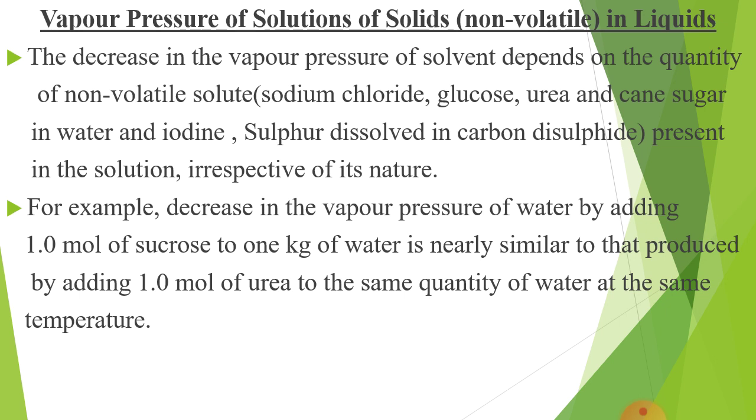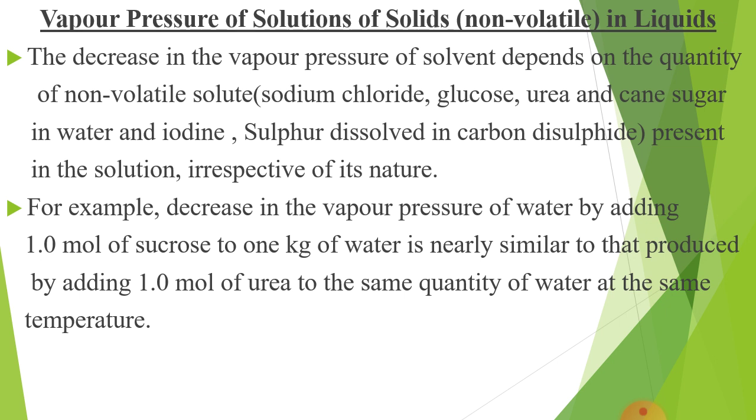So the decrease in vapor pressure of solvent depends upon the quantity of non-volatile solute. The common non-volatile solutes are glucose, urea and cane sugar.